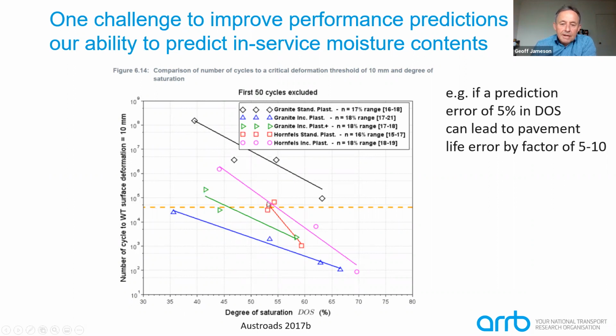If we have an error of about 5% in degree of saturation, it can result in a factor of 5 or 10 in the number of load cycles to an agreed deformation level. So you can see the performance is highly sensitive to your ability to predict the moisture content in situ. This is one of the biggest challenges we currently have in improving our design processes.